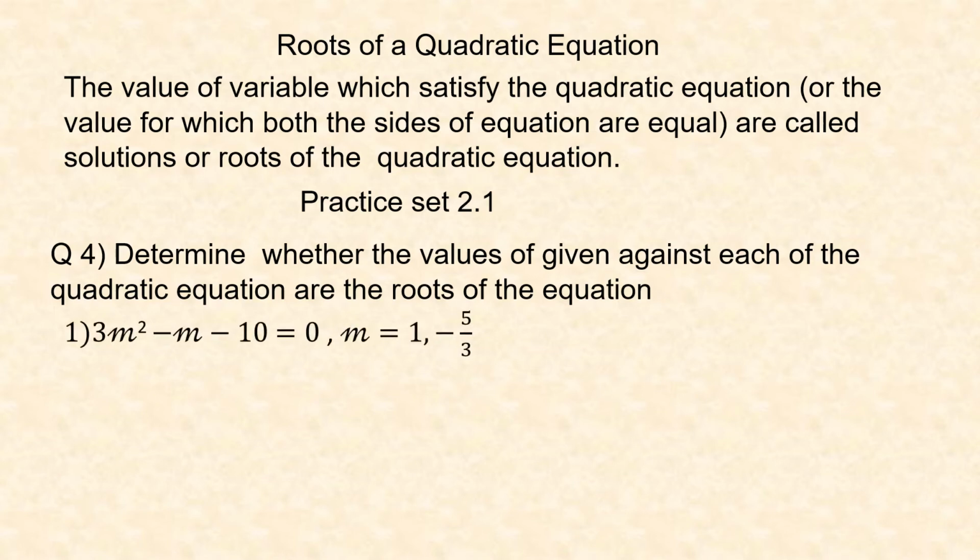Example 1. 3m square minus m minus 10 is equal to 0. Here two values are given, m is equal to 1 and m is equal to minus 5 upon 3.